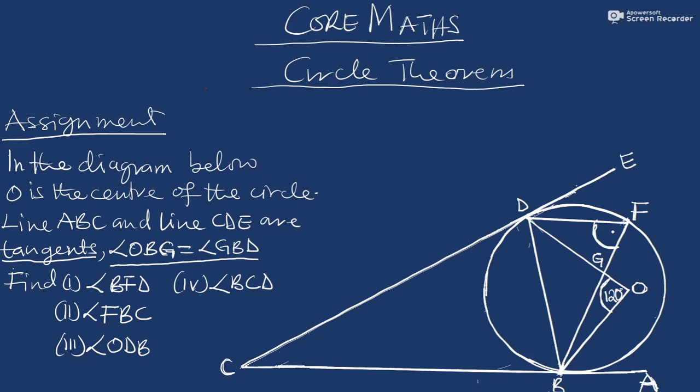Let's look at the chord that formed that angle. Tracing it down, you realize that angle BFD was formed from the chord BD. That is this chord. So this chord BD formed the angle BFD at the circumference.